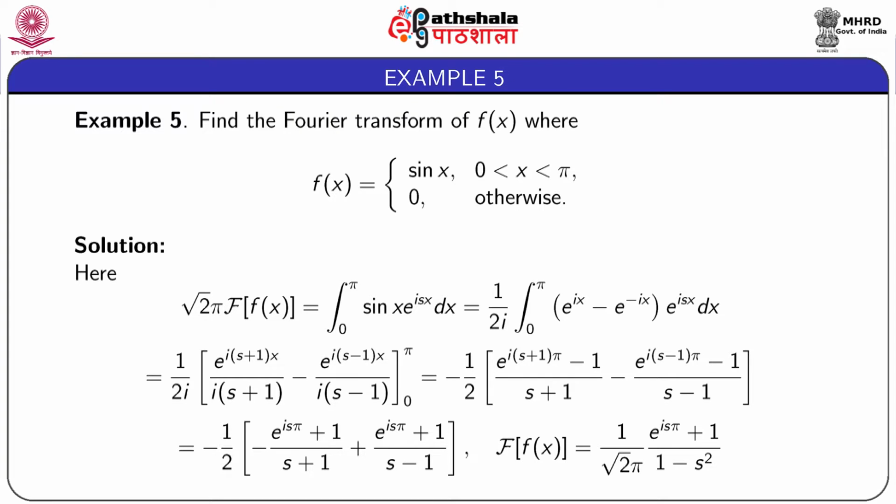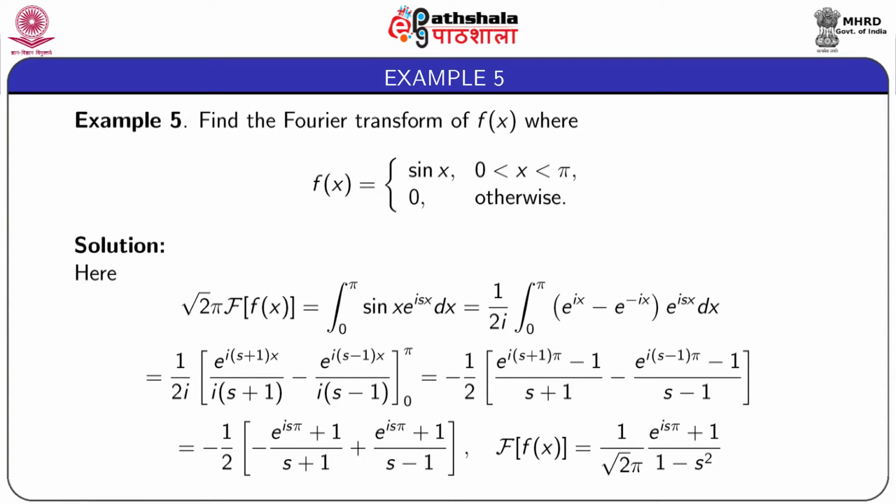Here the Fourier transform of f x is given by root over 2 pi curl F of f x, that is equal to integral 0 to pi sin x e to the power i s x dx, that is equal to 1 by 2 i integral 0 to pi of e to the power i x minus e to the power minus i x, times e to the power i s x dx.